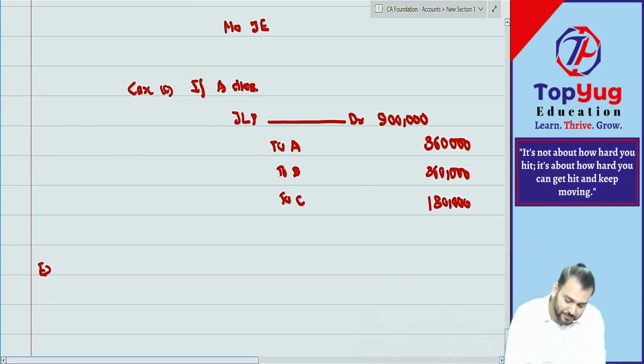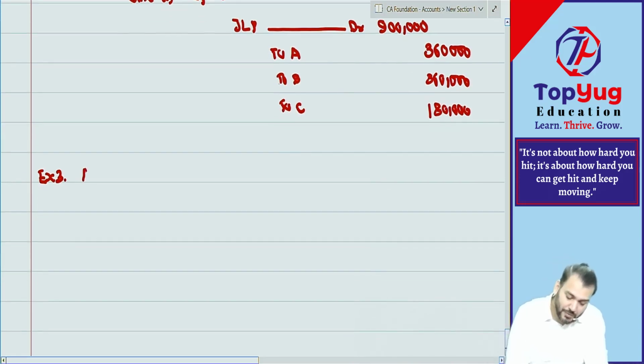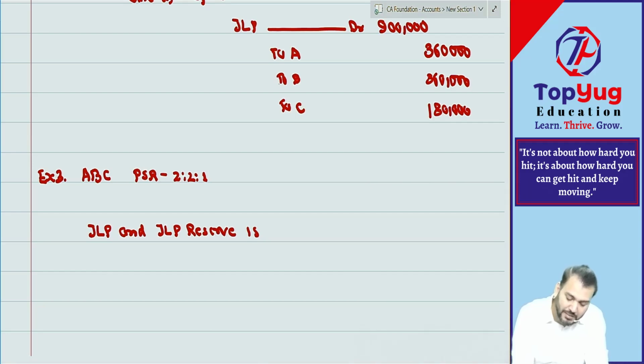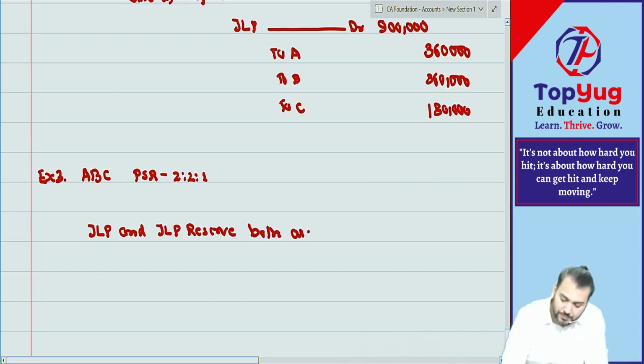Last example. Example number 3. A, B, C, PSR 2:1. Now what will happen? JLP and JLP reserve both are maintained.